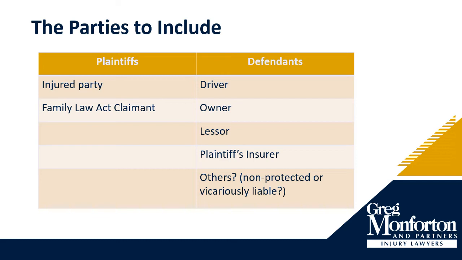The driver obviously would be included. The owner of the vehicle the driver's driving would be included. The lessor, if the insurance on the vehicle is less than $1 million. The plaintiff's own insurer can be included, and that's on account of those uninsured, unidentified, and underinsured provisions that we talked about in a prior class.